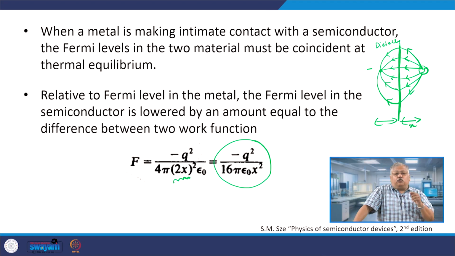By virtue of the electron being where it is, it creates a force onto the metal side which tries to lower the barrier, and that is known as the Schottky effect or Schottky barrier lowering effect. We will come to that in the next class.